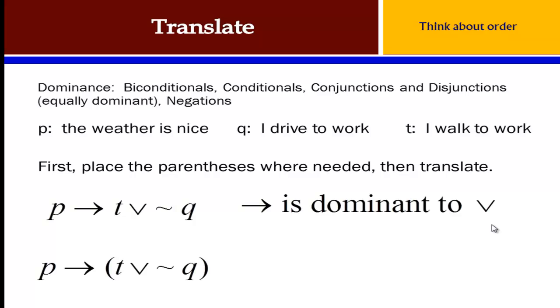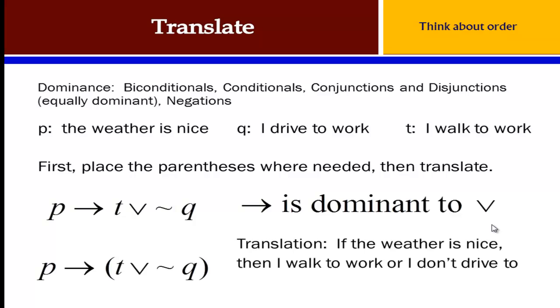Since the most dominant connective is the if-then, the statements occurring after that, T or not Q, are grouped together. Now we can translate this. If the weather is nice, then I walk to work or I don't drive to work.